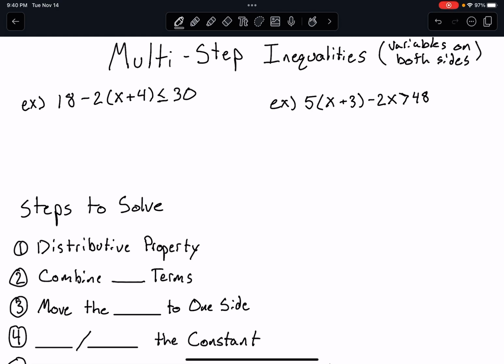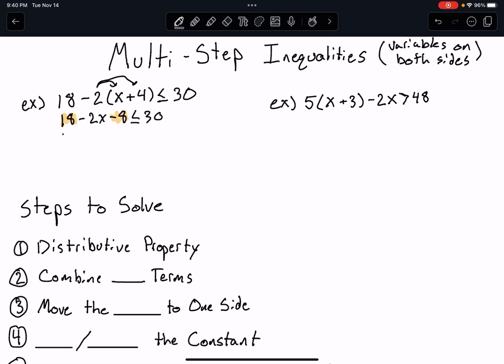So that's all we're going to do here. Distribute this -2 into both, and we'll have 18 minus 2x minus 8 is less than or equal to 30. Combine our like terms. So we have a 18 and a -8.